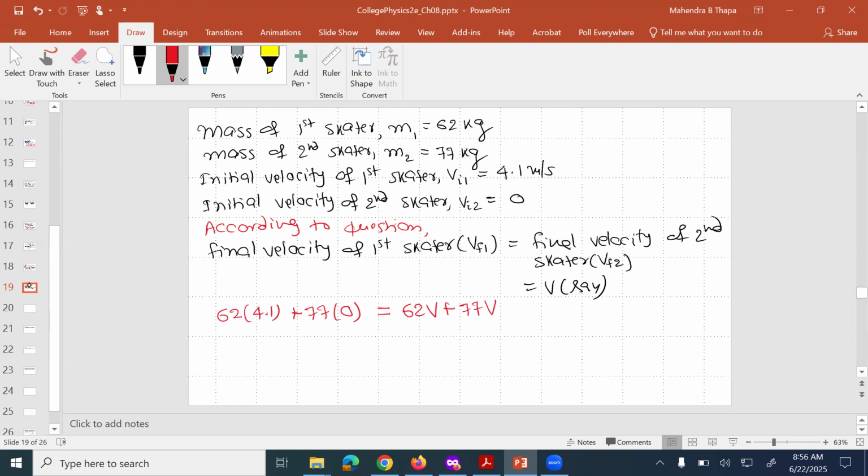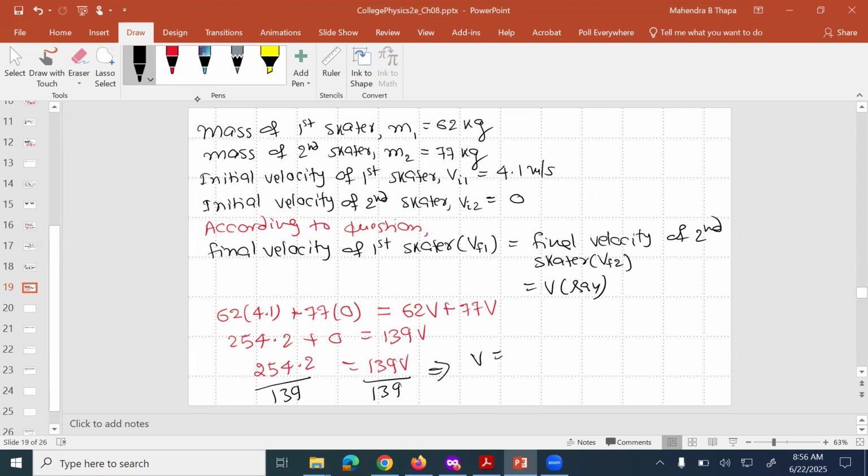That gives me 254.2 plus 0 equals 139 times V. Then I divide both sides by 139. This is just algebra. Okay. So that gives me V equals 1.83 meter per second. So this is the answer for part A of the question.